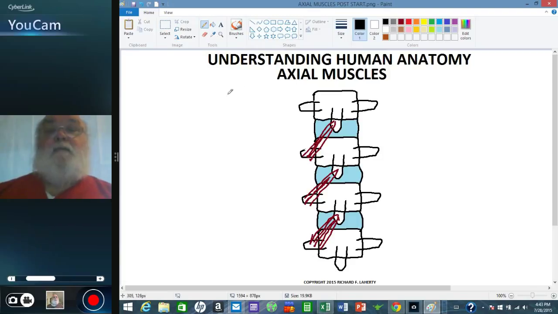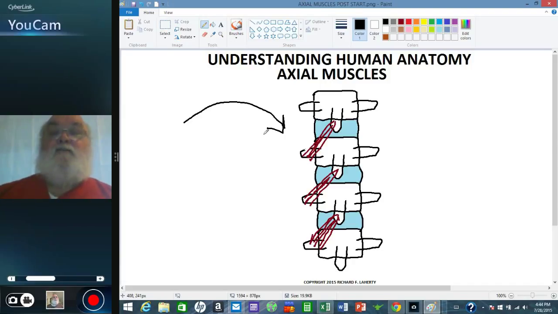But if the left and right muscles are not acting together, only one side is acting, it again will cause rotation, but now the rotation will be to the opposite side. These muscles I've drawn are on the left side of the body. It will cause the body to look to the right.